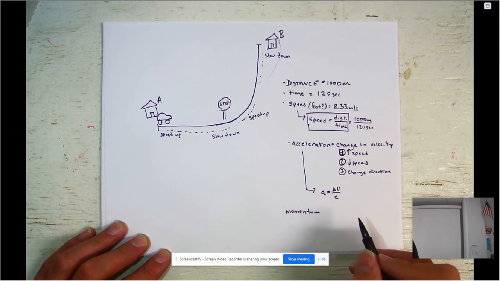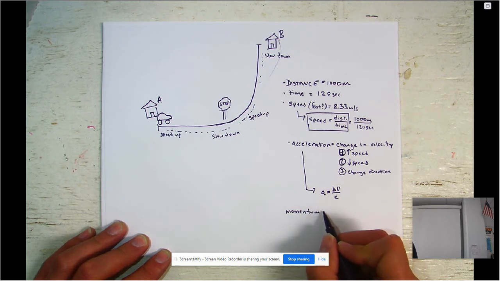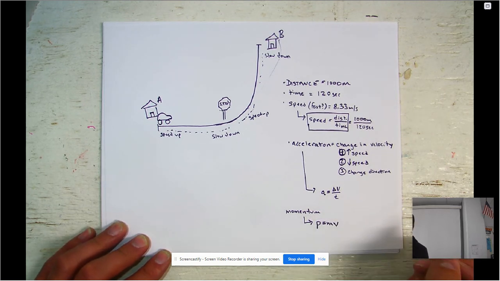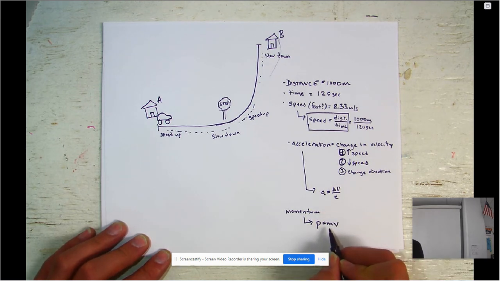If we want to look at the equation, momentum, which is defined as P, because M is already used in another equation, is mass times velocity. So the car has mass, and if it moves, it will have momentum.